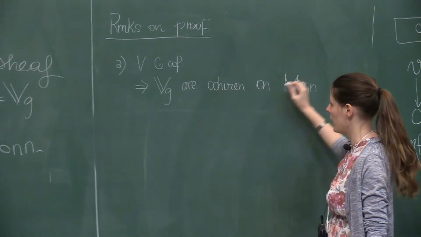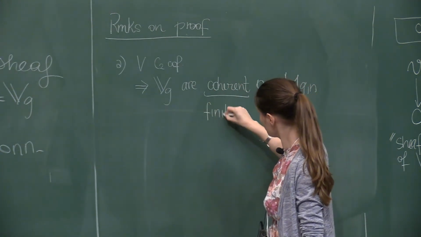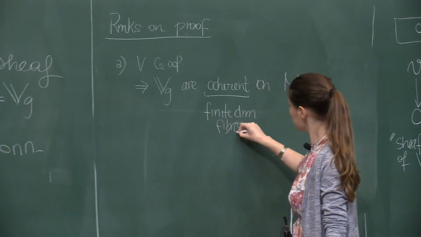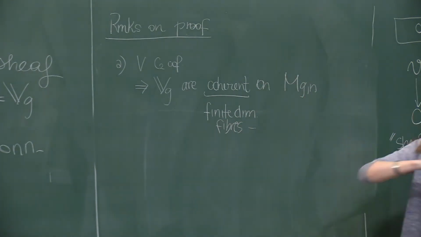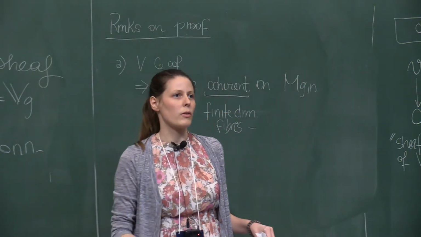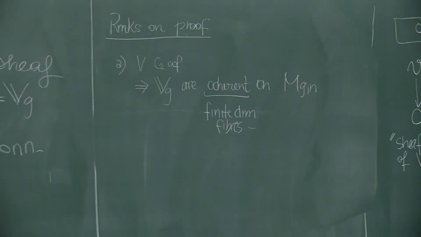Oh, sorry, on MGN. Coherent just means that the spaces are finite dimensional. So on the locus of smooth curves, C2 is a sufficient condition to ensure finite dimensionality. I mean, this is not necessary.